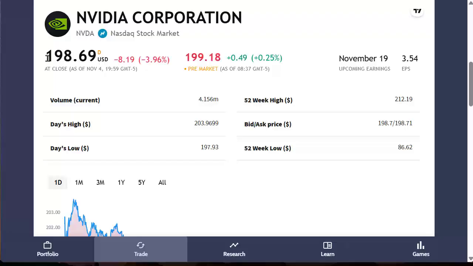So the last share sold yesterday was $198.69. Now today, it looks like that's going to be up a little bit, 51 cents more expensive. In the last 52 weeks, it's got as high as $212.19, and it's gotten as low as $86.68. Oh, so let's look at the 1 year chart.